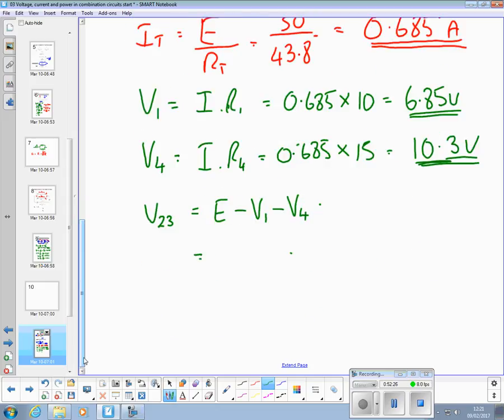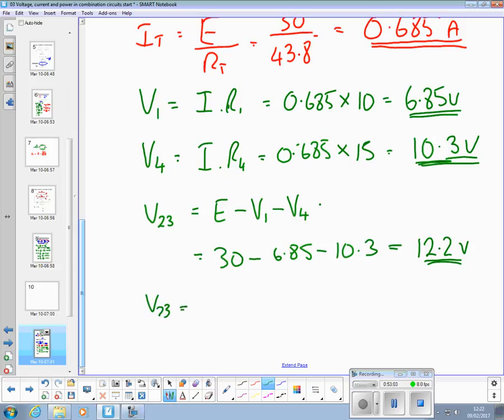That's equal to 30 minus 6.85 minus 10.3, which equals 12.2 to 3 significant figures. Alright?